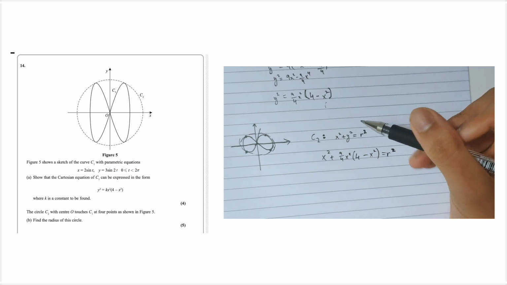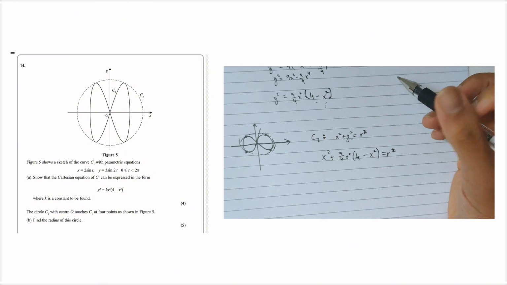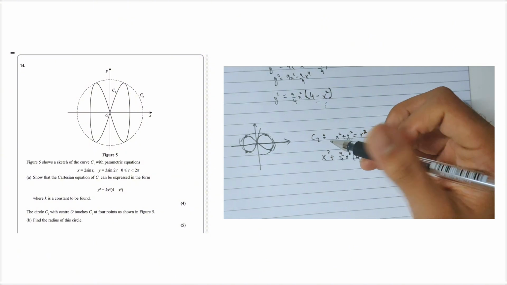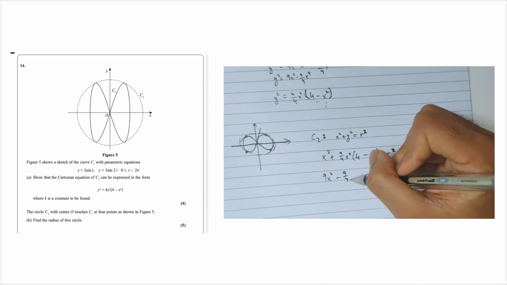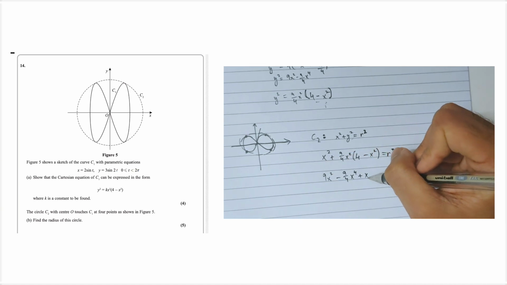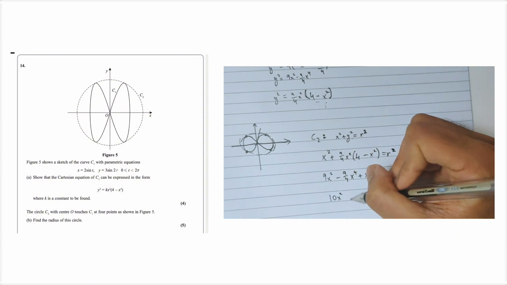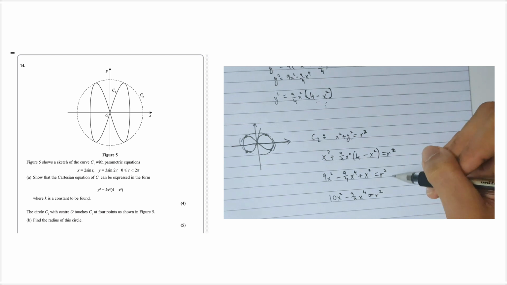So we just plugged in this for y squared over here. Alright, so let's simplify that. We get x squared plus 9x squared minus 9 over 4 x to the power of 4 equals r squared, which is 10x squared minus 9 over 4 x to the power of 4 equals r squared.